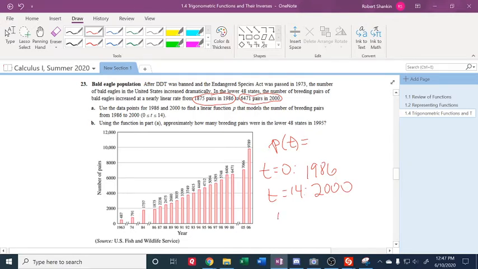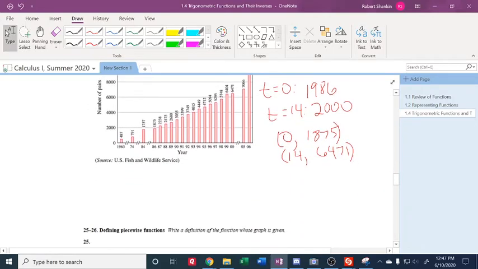What it's saying is that you need these 2 points. When t equals 0, you're going to have 1,875. That's 1 point. The next point is when t equals 14, you're going to have 6,471 eagle pairs. And now you need to find the equation of the line that passes through those 2 points.